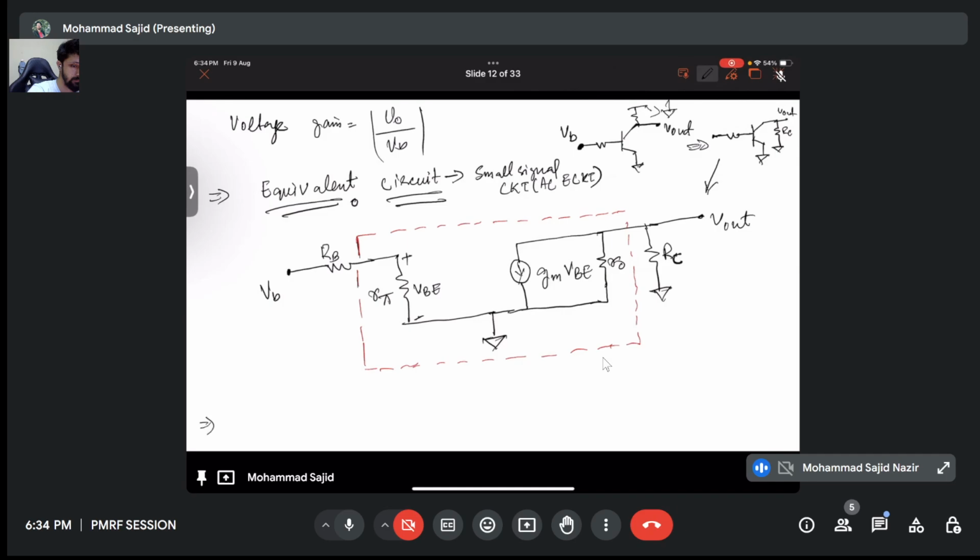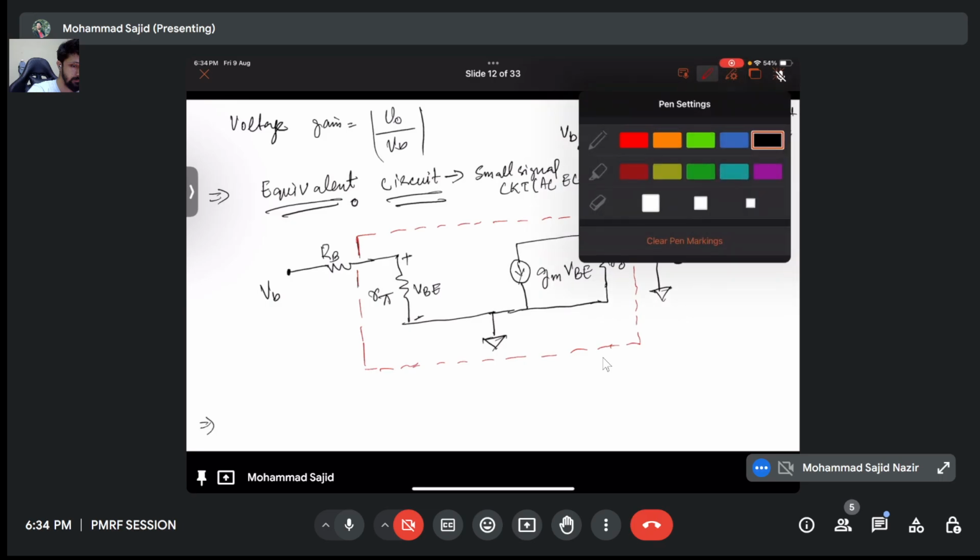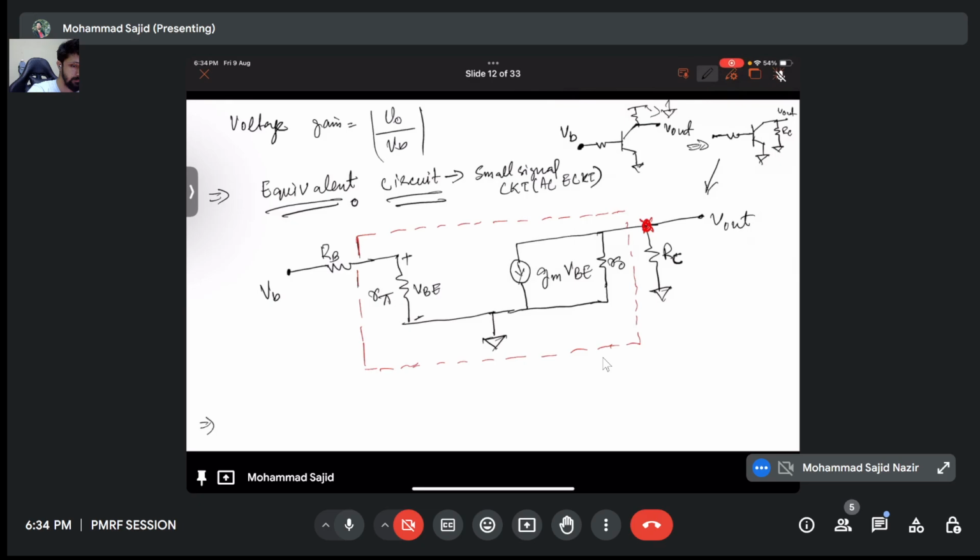If I do a nodal analysis here, the current coming in will be equivalent to current going out, right? So I can write V naught by RC. Look here, these two components are in parallel, right? R naught's first terminal is the V out terminal, and the second terminal is ground.